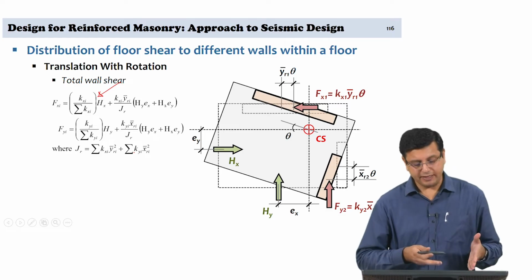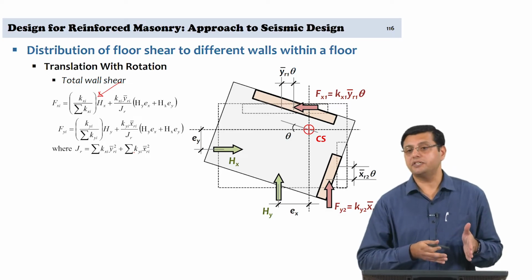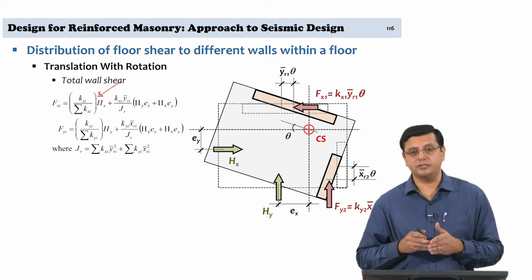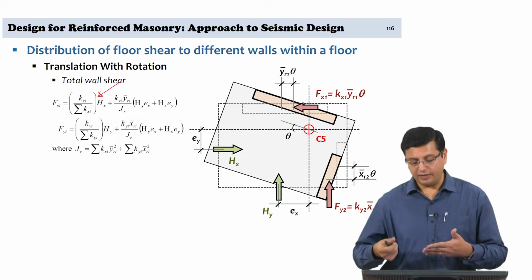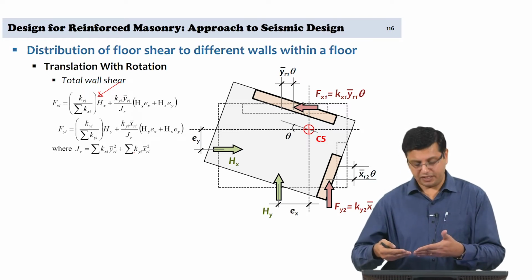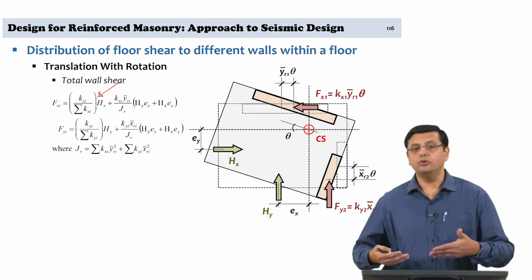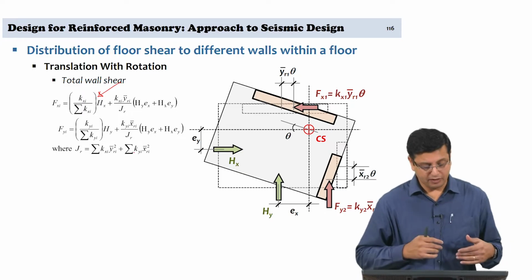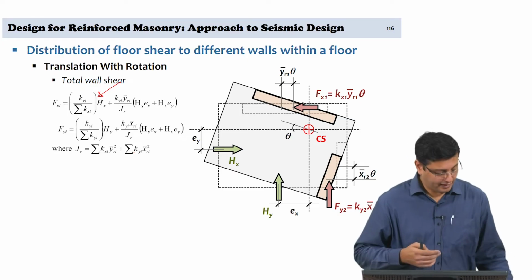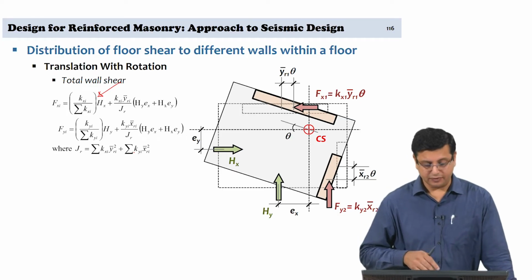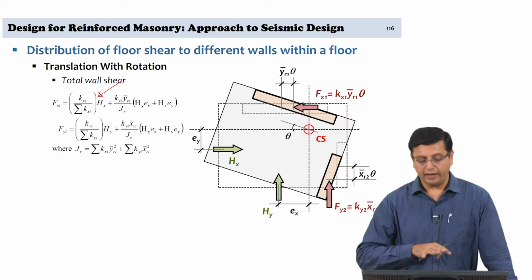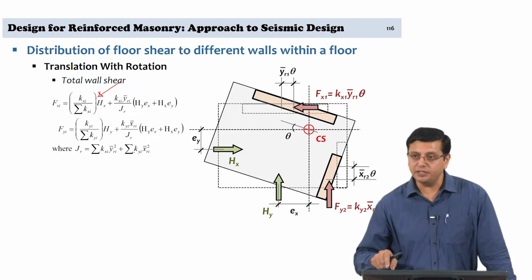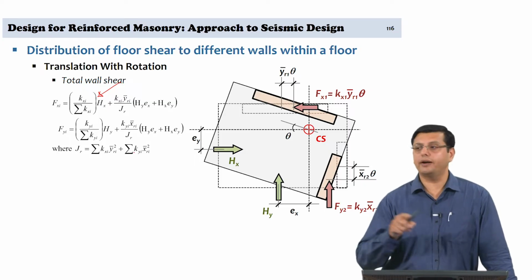So, this basically gives you the total shear that wall 1 and wall 2 will experience if there is earthquake shaking, giving you two components, Hx and Hy, due to the eccentricity between the center of mass and center of stiffness. So, this helps you to establish the total shear force expected in wall 1 and wall 2.